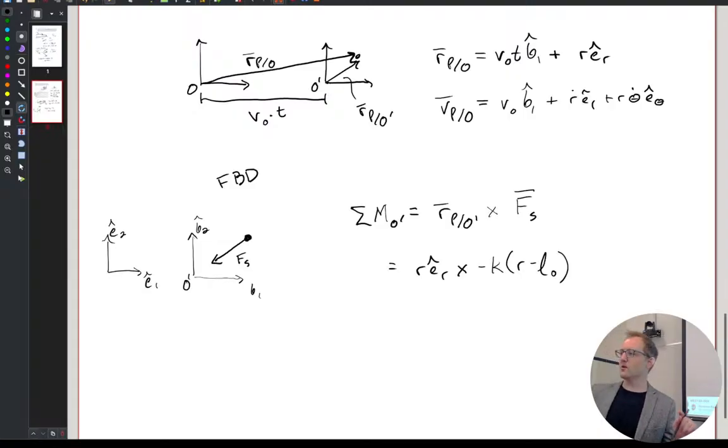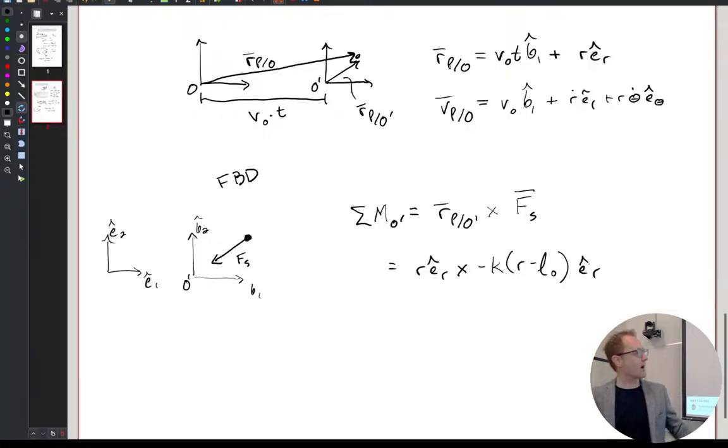Is it in the B1 direction, B2, ER, E theta? Where is this force pointing? I think it's in the negative ER. Yeah, in that negative ER.